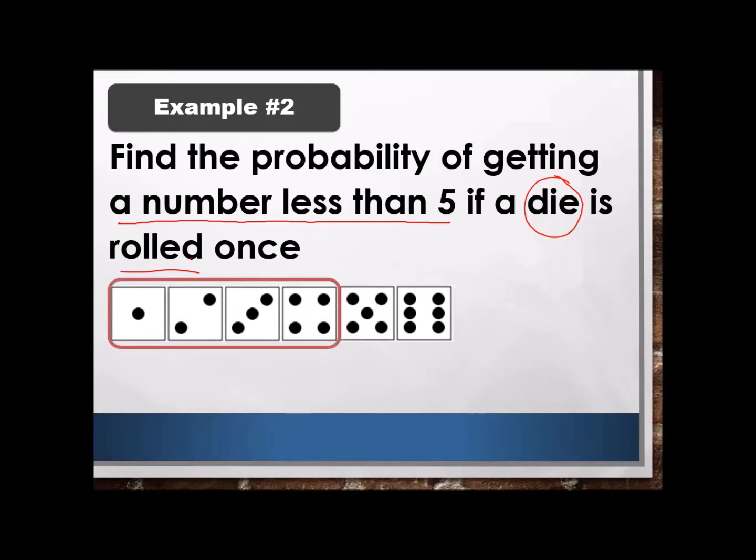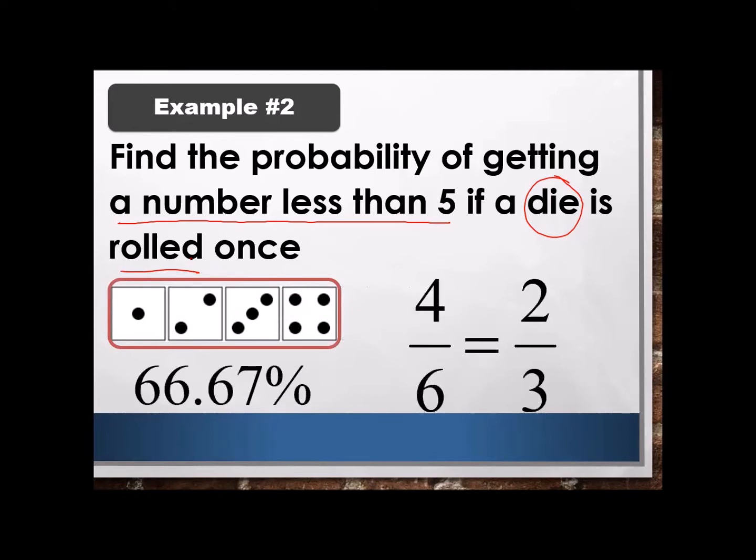Okay, meron tayong 1, 2, 3, and 4. So, ilan yon? We have 4 out of 6, which is equivalent to 2/3 or 66.67%. As you can notice, baka lang nakalimutan o nakaligtaan, yung 2/3, paano siya naging 66.67%? So, 2 divided by 3 times 100. Kaya siya naging 66.67%.